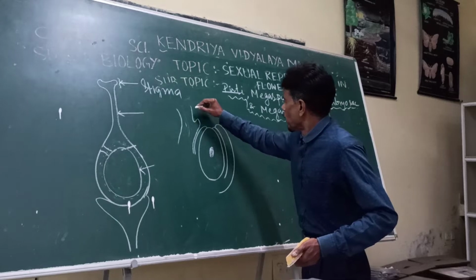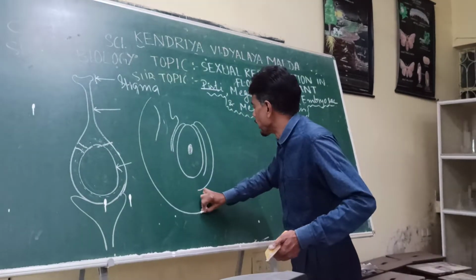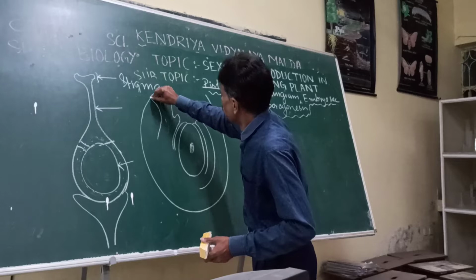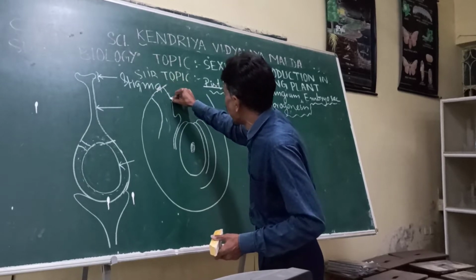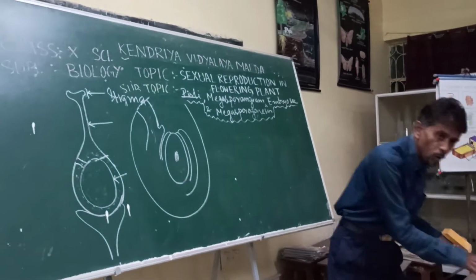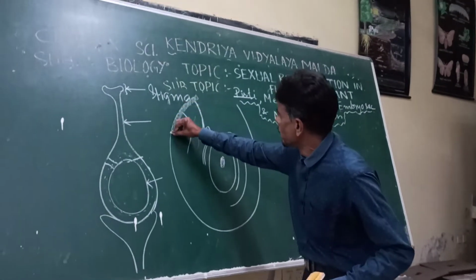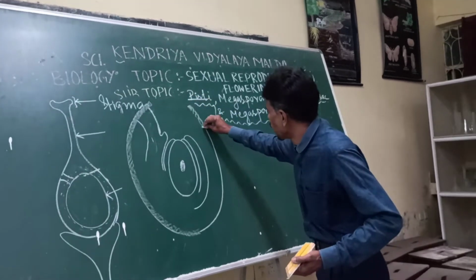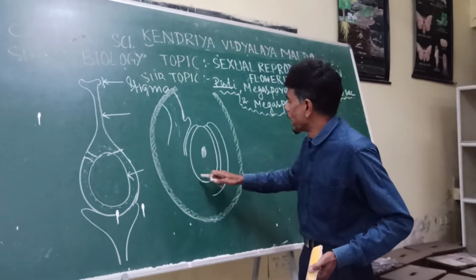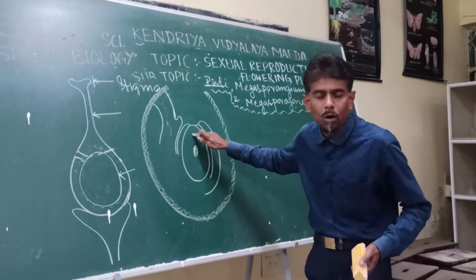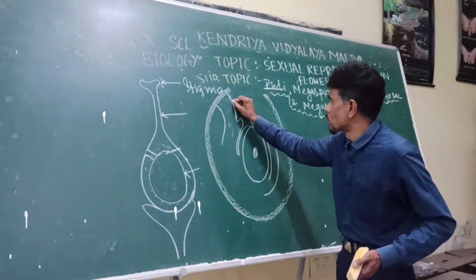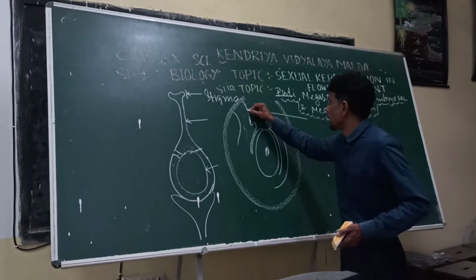This is the ovary, the ovarian locule. Along with the wall of the ovary, the megasporangium or the ovule is connected with the placenta by means of a stalk. This stalk is called the funicle.